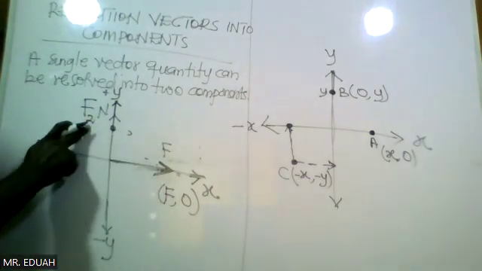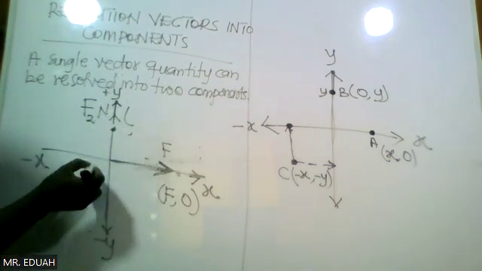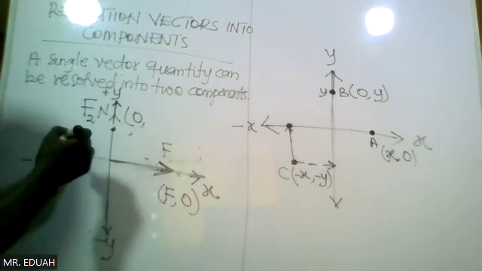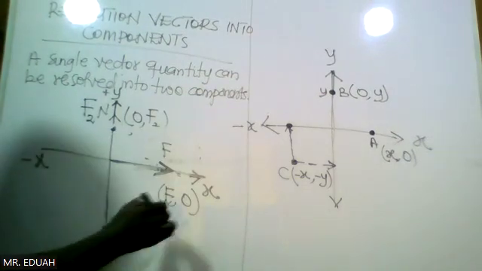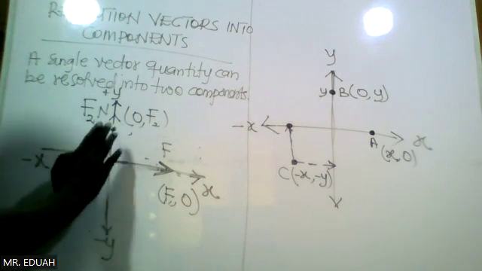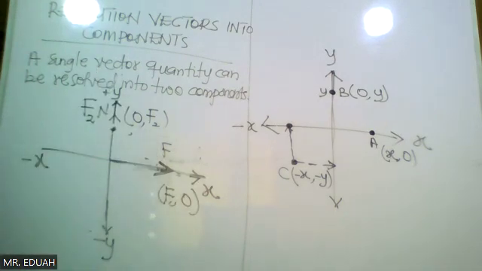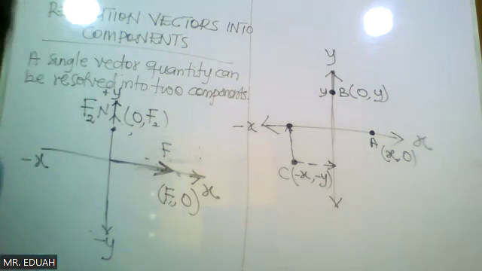This F2 would also have a horizontal component of 0 and then a vertical component of F2. This is what it means. So it is as if a vector lies on either X or Y, it only has one component. The other one is 0. That is what I'm driving at.